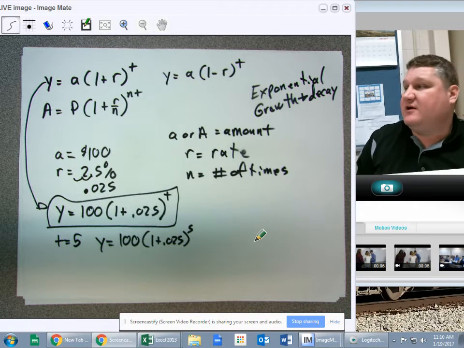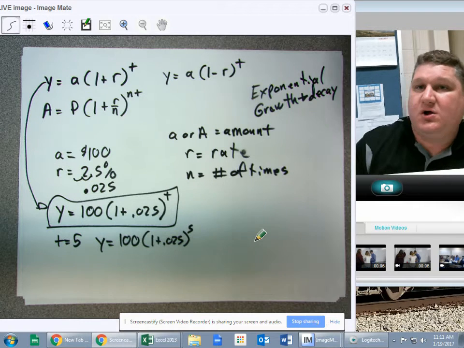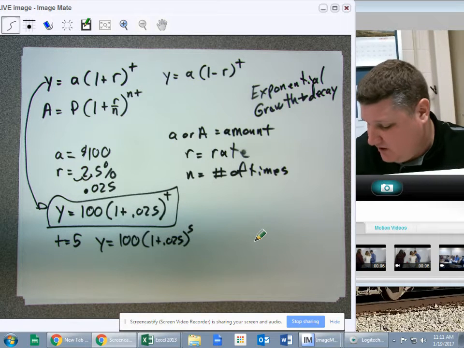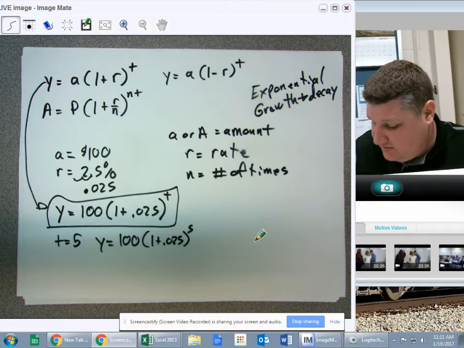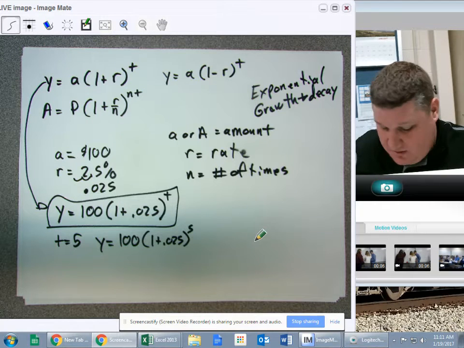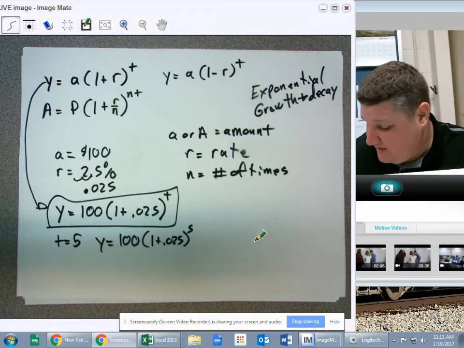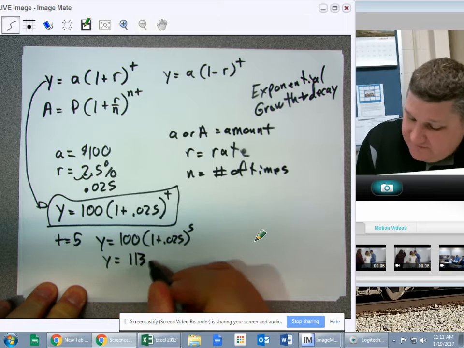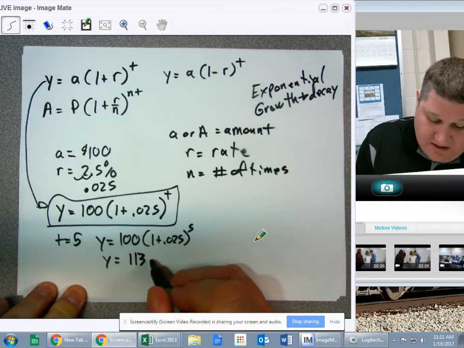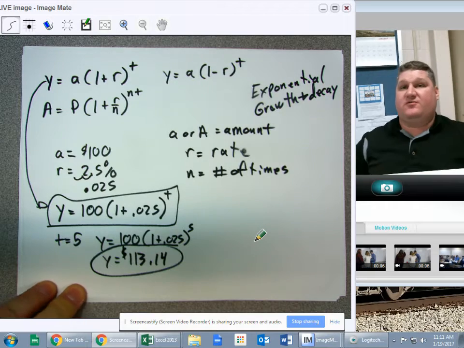If I simply plug that into a calculator, are there any variables left at all? No. So all I have to do is say 100 times 1.025 raised to the 5th power. The answer is it's going to be worth $113.14. That's how much it's going to be worth.